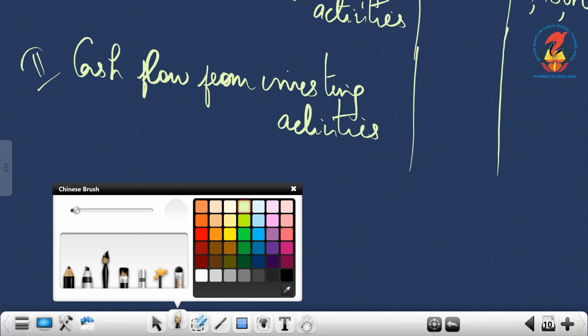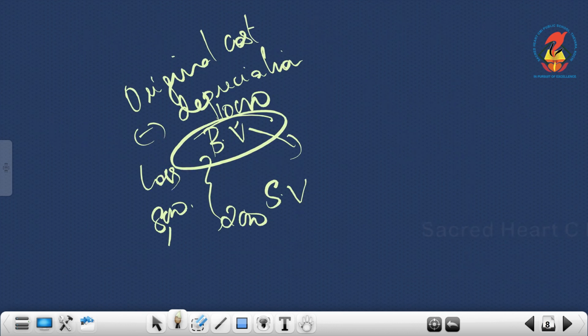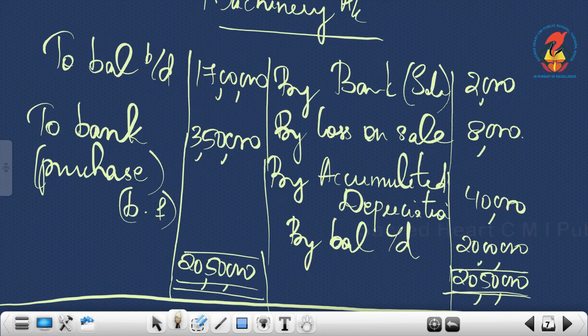Fixed assets section, you refer the tangible assets first. We have prepared account for machinery and accumulated depreciation. Immediately you must refer that. If you have prepared any account, immediately you must go through that. Bank and sale value and purchase value, directly it is there in the ledger, you just have to copy this. So sale value is 2,000, purchases 3,50,000.